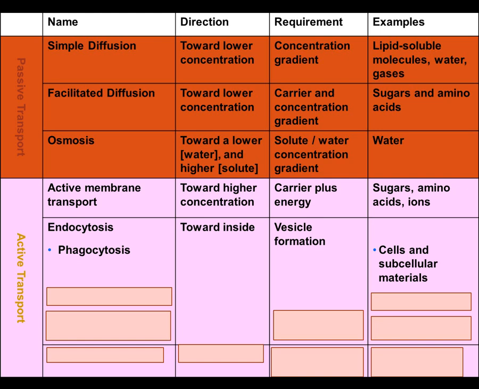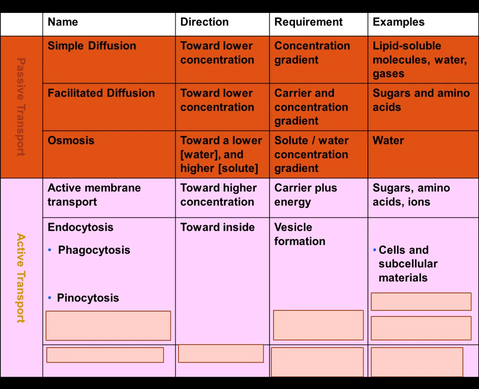We could take stuff in on a large scale, or we could take stuff in on a small scale. That is called pinocytosis. So we're still just moving substances in. We're still forming a vesicle. But scale-wise, the vesicle being formed for substances coming in from the outside is really small.